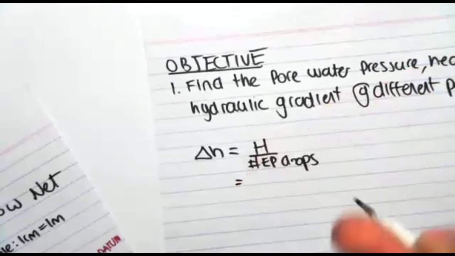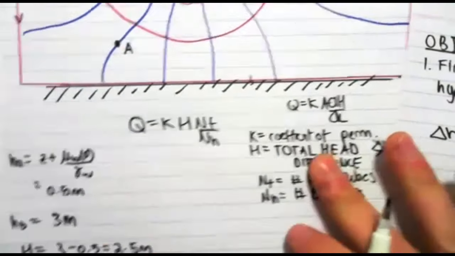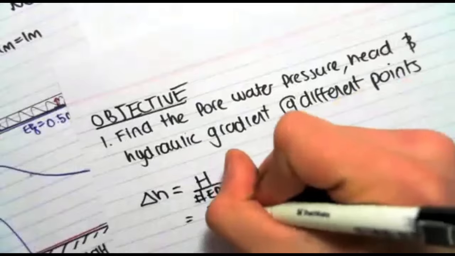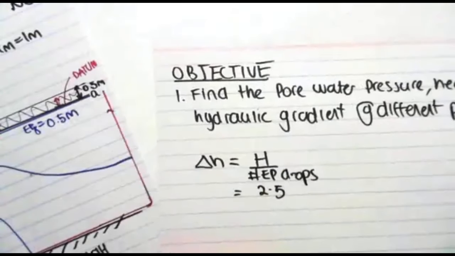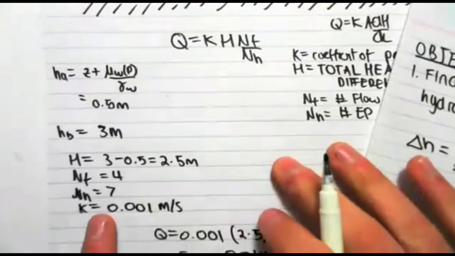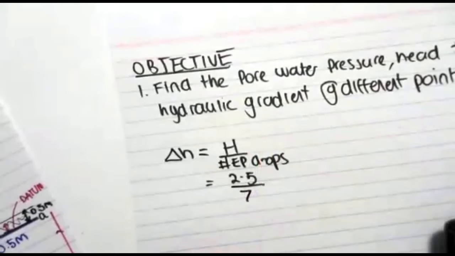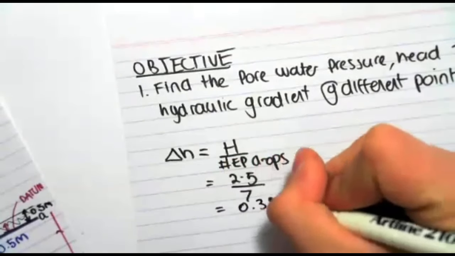In our case, our total head was 2.5 meters, so this is 2.5 over the number of equipotential drops, n subscript h, which was 7. So 2.5 over 7, we get around 0.36 meters.